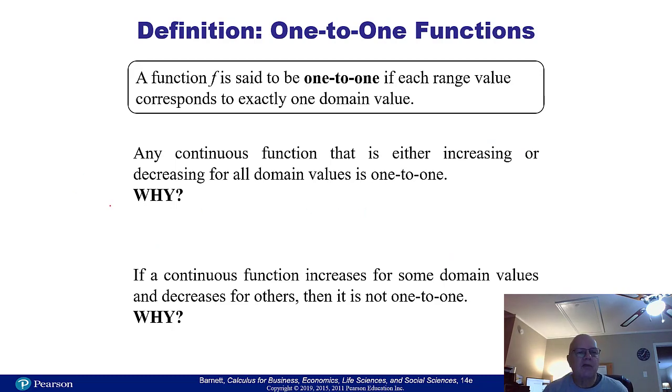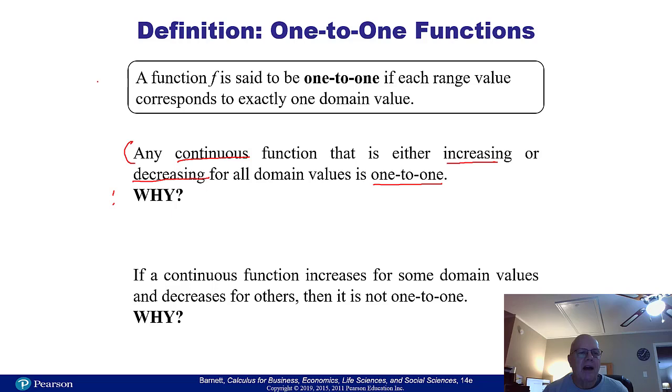So, a couple of things for you to think about. First of all, we're talking about continuous functions. That means something that doesn't jump and go to a different place, has no holes in it, and if that is either increasing or decreasing as we go from left to right, then it's one-to-one.